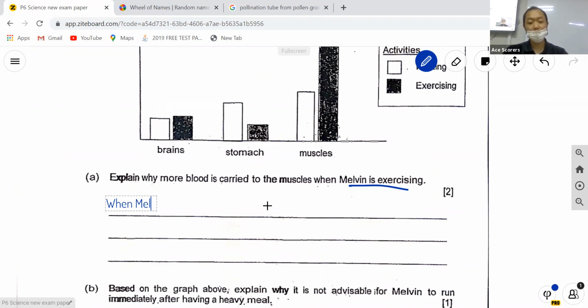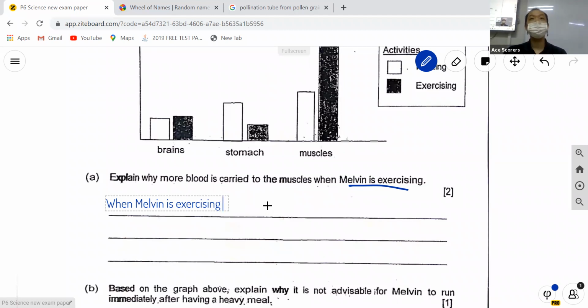Okay, what happened? Next. I wrote the whole thing, right? Yes, Princess. When he's exercising, what happens to his muscle? Does it use more or less?